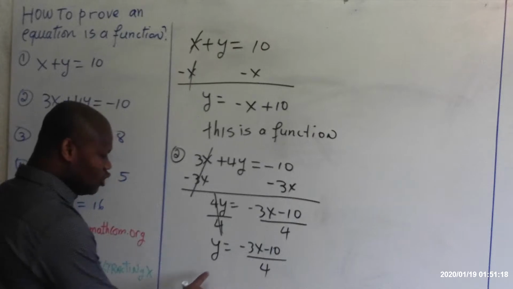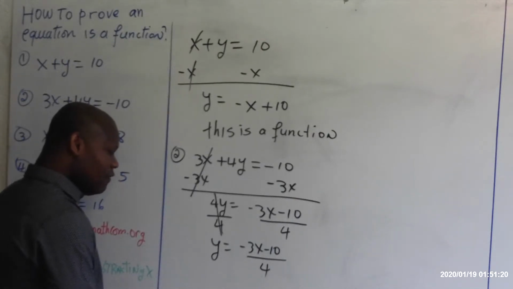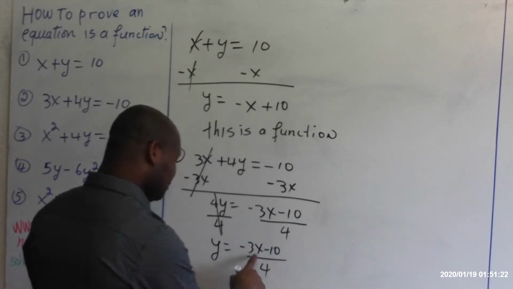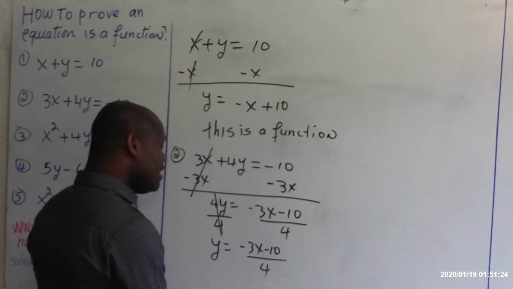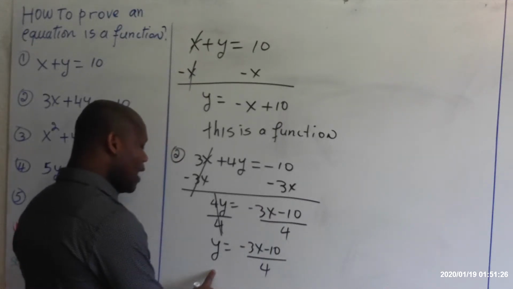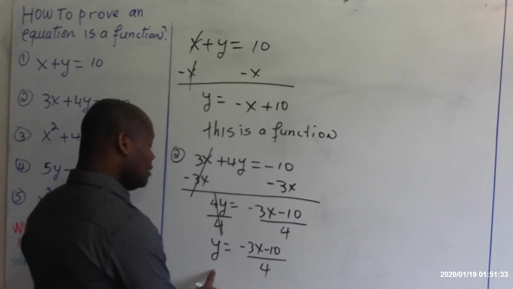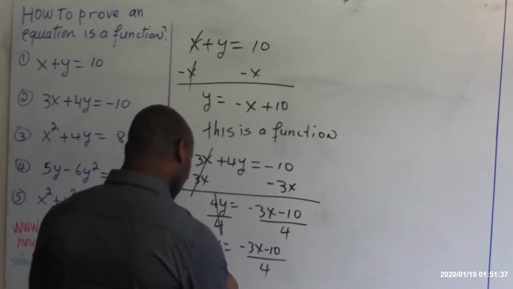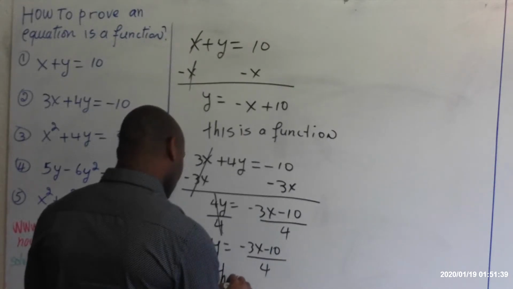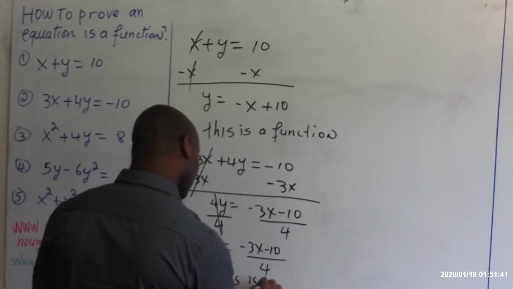As we can notice, whatever value I replace x by, I will have a unique value for y. Y is not going to change. So, we can say this relation is a function. This equation is a function.